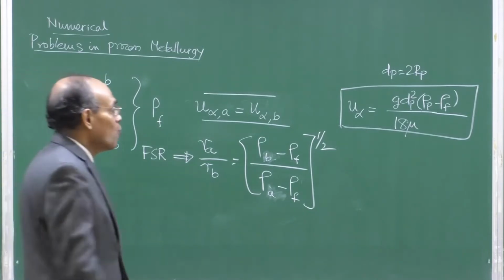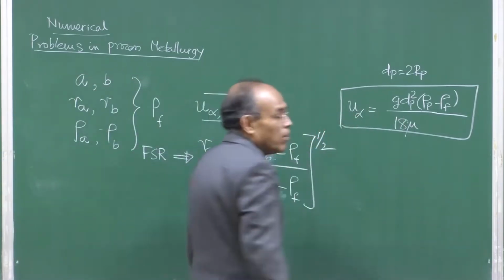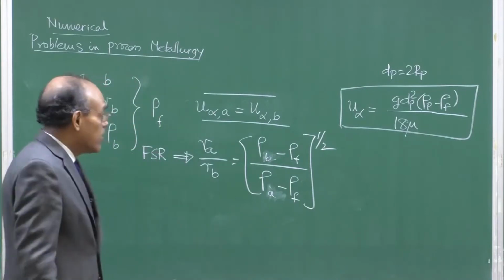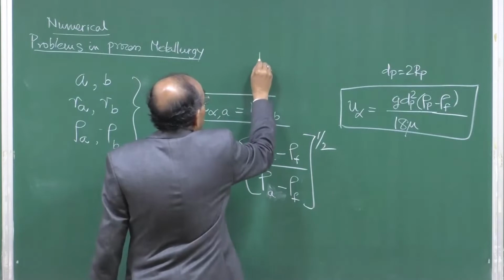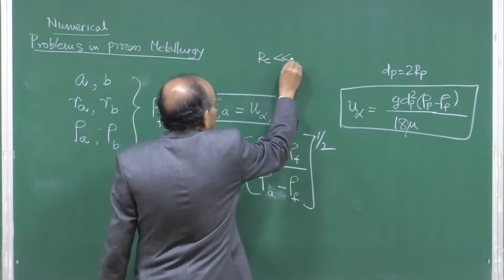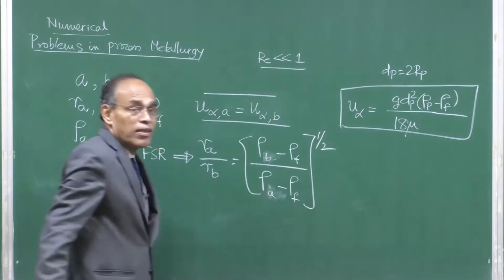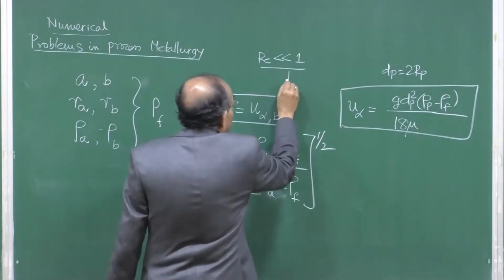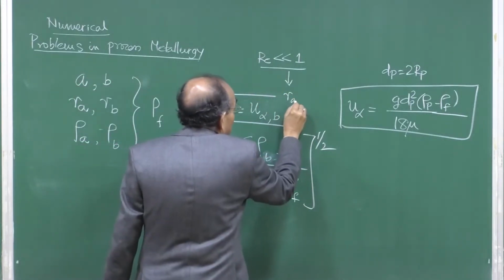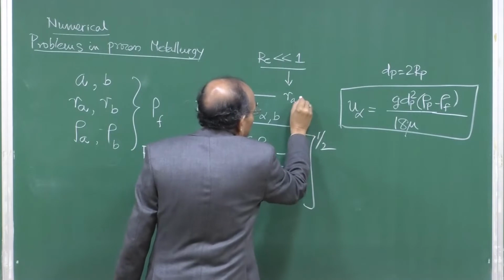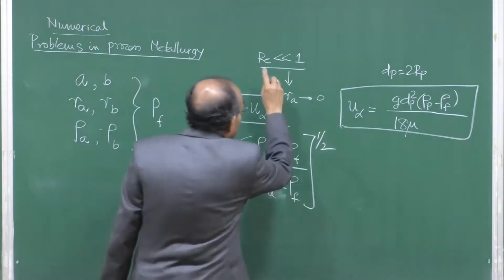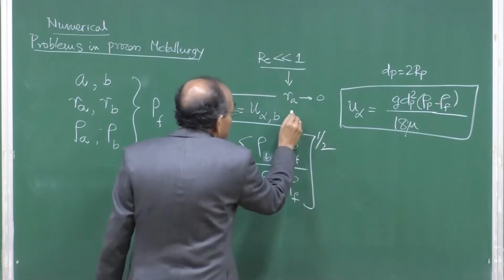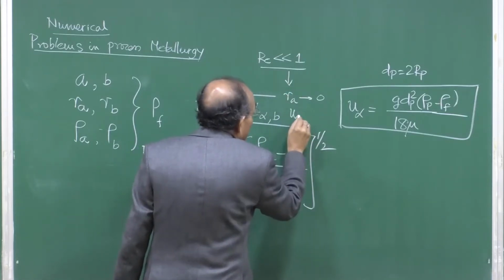The free settling ratio under the condition when Stokes law is valid. And under what condition is Stokes law valid? We know that the Reynolds number of the particle has to be much smaller than 1. This tells us that the particle size has to be extremely small, and that the velocity also has to be extremely small.